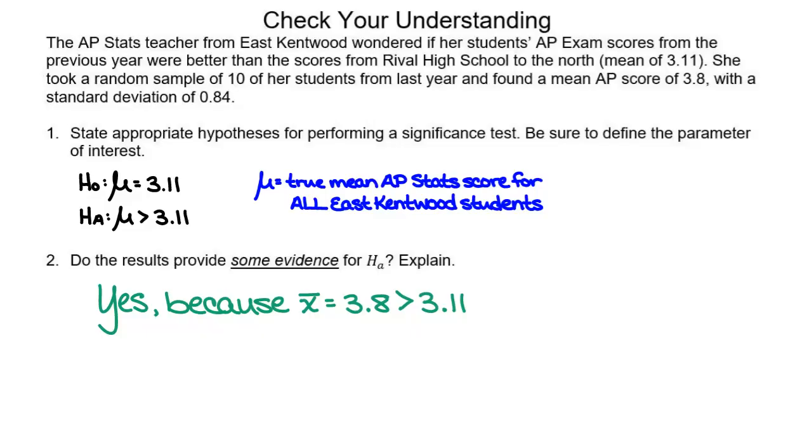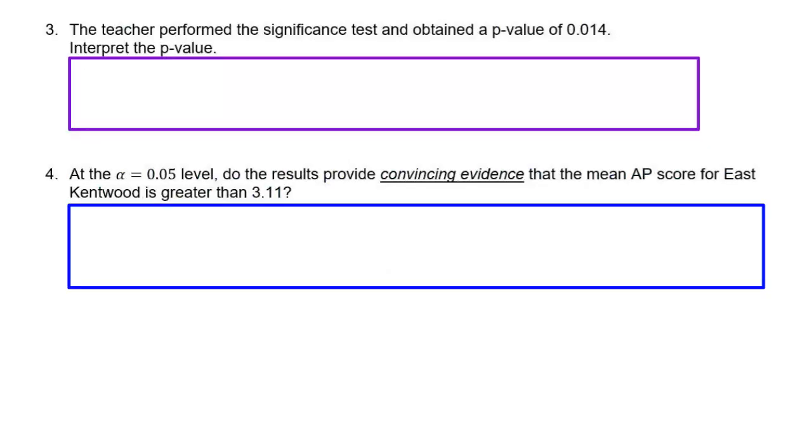And then in number 3, it says the teacher performed the significance test and obtained a p-value of 0.014. Interpret the p-value. So I just want to know what this 0.014 means in context. Assuming the Ho is true. And what was the Ho again?